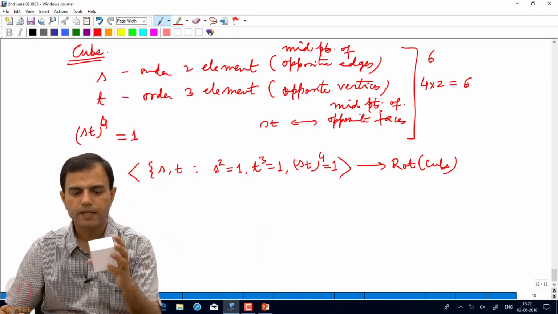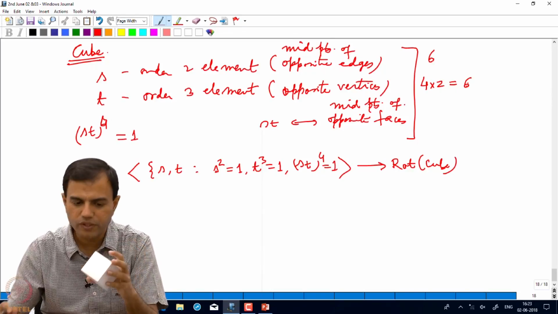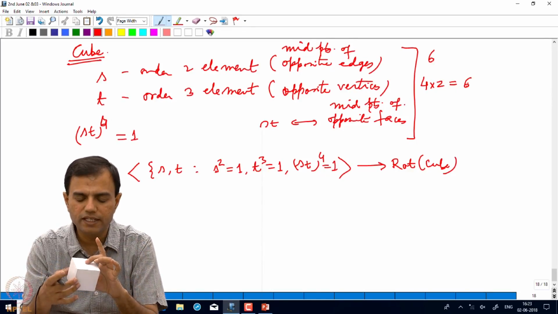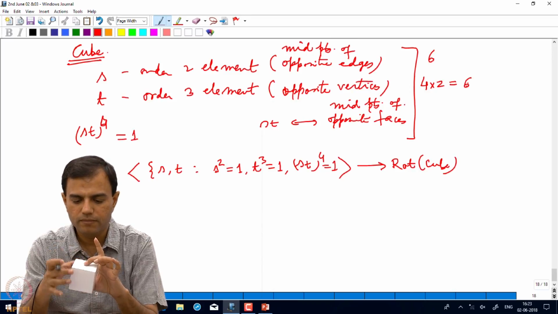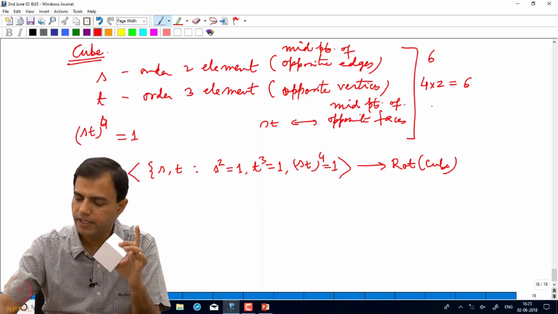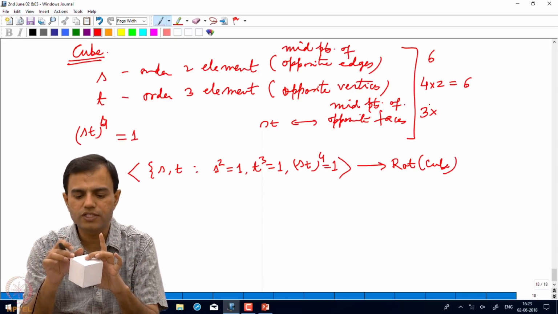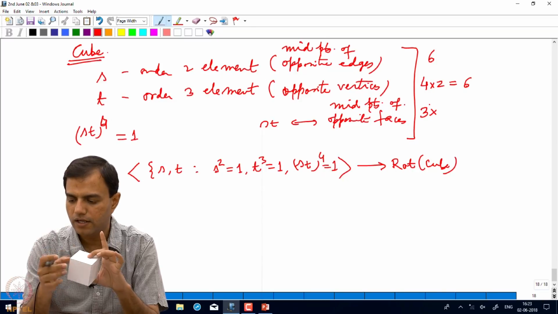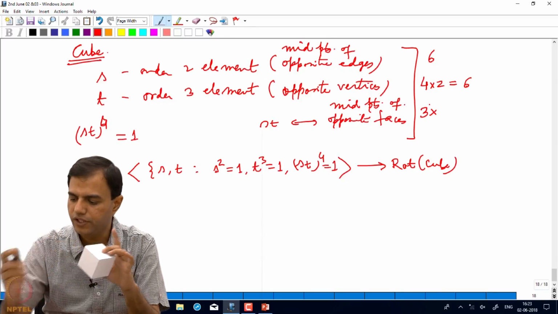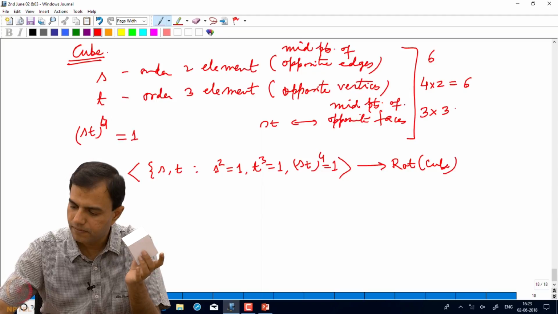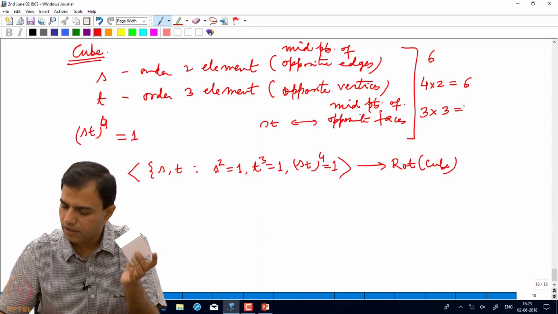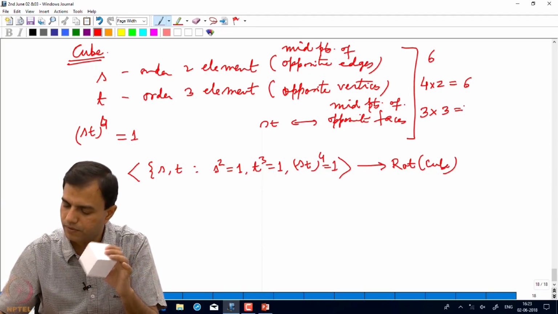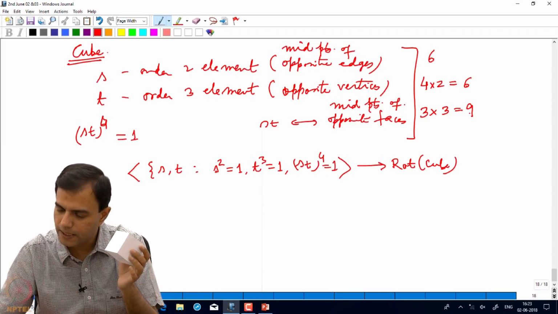And what about midpoints of faces? So how many faces are there? You have 3 pairs of faces, and each face rotation is going to give you 3.